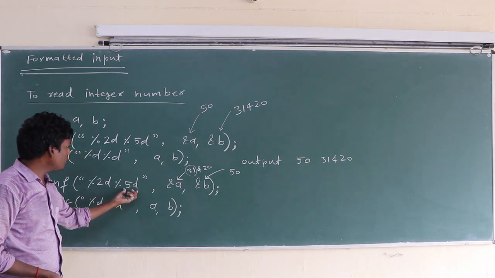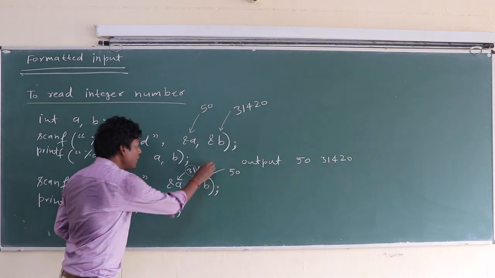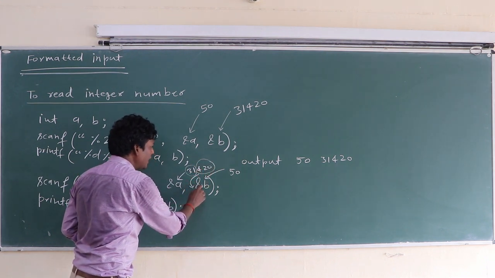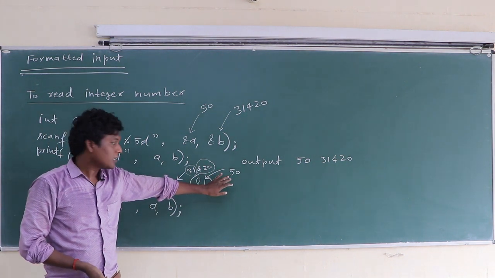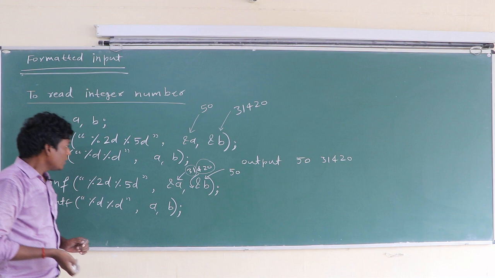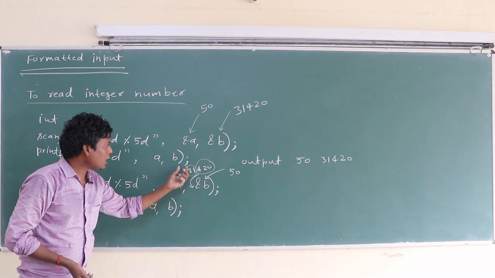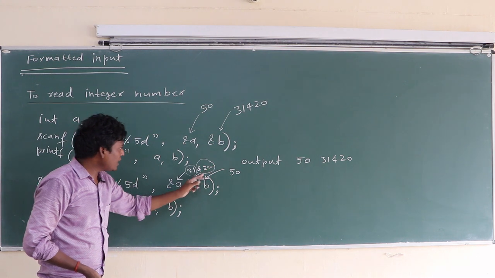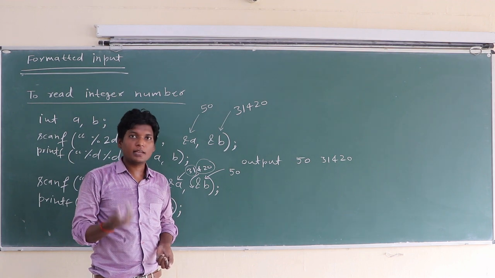Here is %5d, which is used to input the second number, but here there is the remaining part of the first number. So this remaining part is inputted here. What about 50? The second number 50 is waiting for another scanf. So the first 2 digits of the first number, 31, are inputted in a, and the remaining 3 digits, 420, are inputted in b, and 50 is waiting for another scanf.